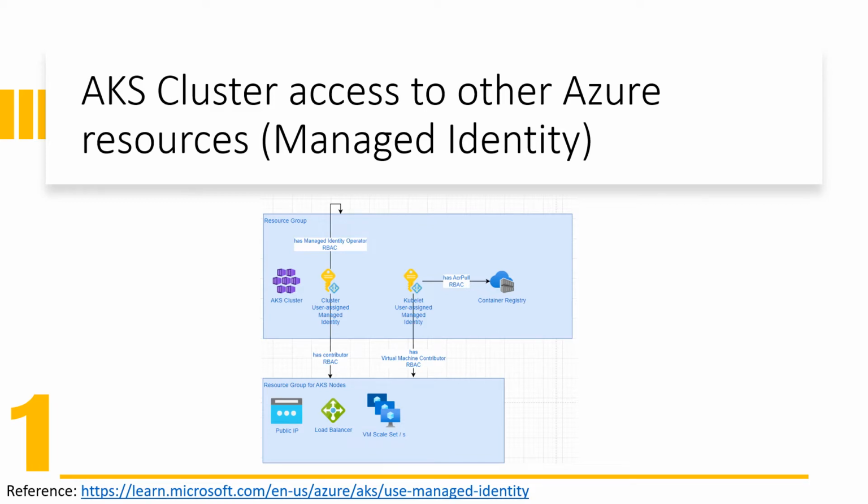But a second resource group will be created automatically. You can provide the name of the second resource group via command line or via Terraform. The second resource group is the place where the additional resources are created.